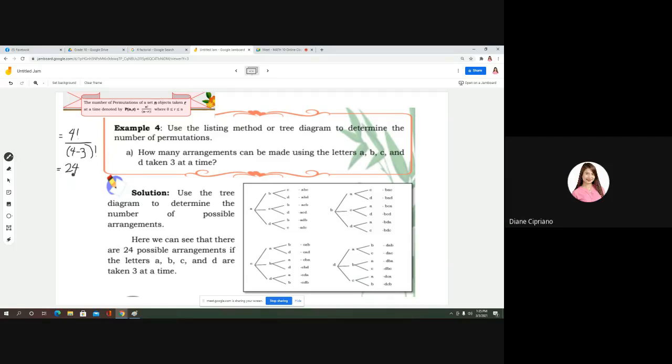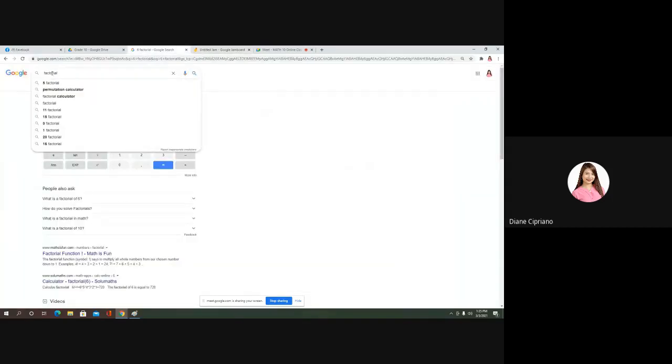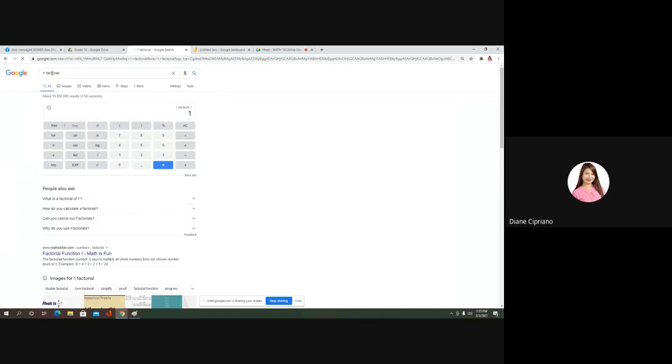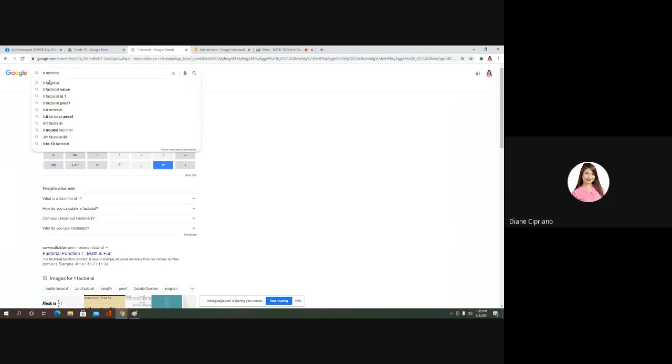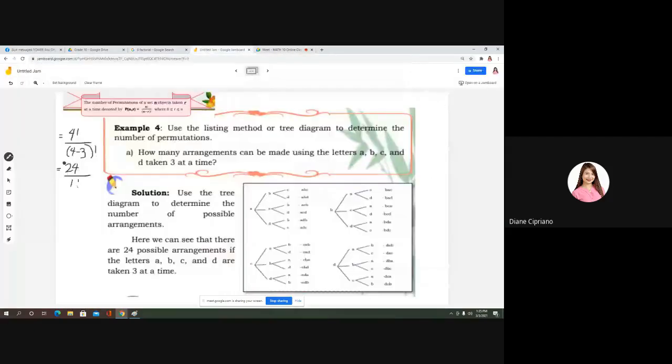How about 1 factorial? 1, ma'am. Then 0 factorial is 1. Let's see. Yes, it is 1. 1 factorial is 1 and 0 factorial is also 1. Okay? And then, so we have here 24 possible ways.